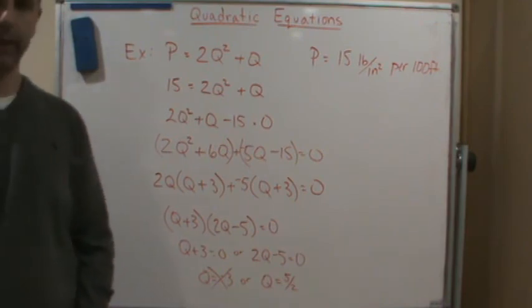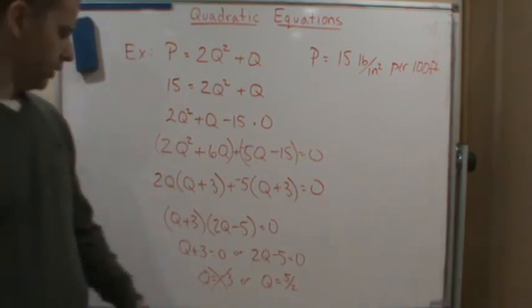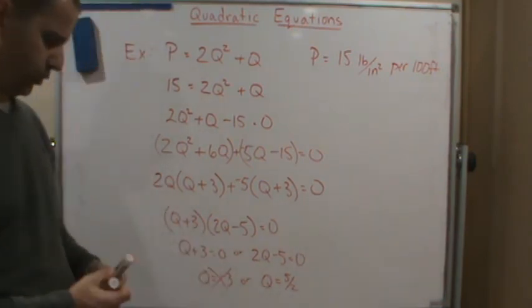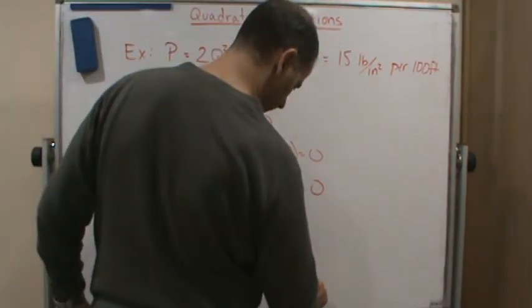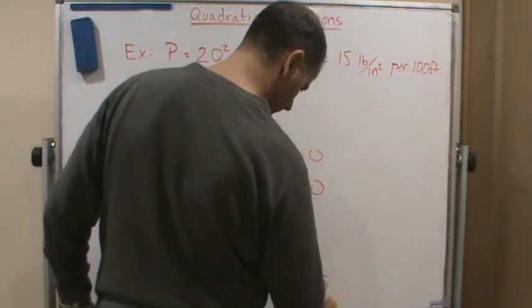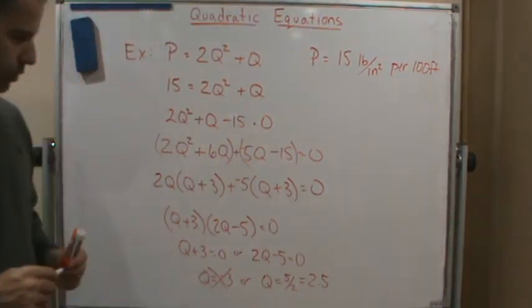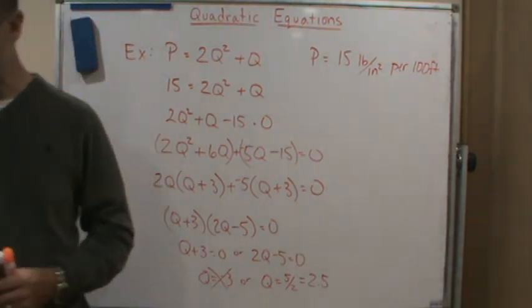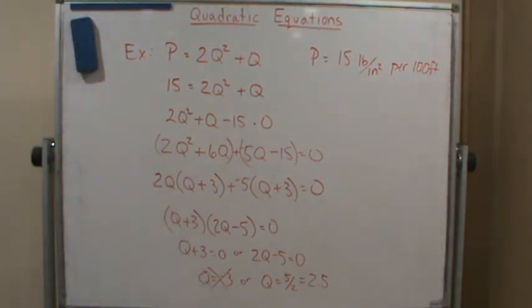Can't have a negative flow rate. So this is going to be the correct one, 2.5. So the flow rate is going to be 2.5 times 100 gallons per minute, which is 250 gallons per minute. Because remember, this is 100 gallons per minute. Okay?